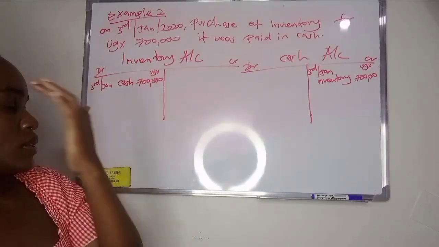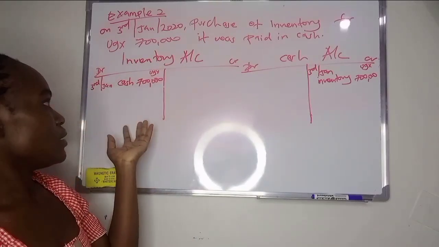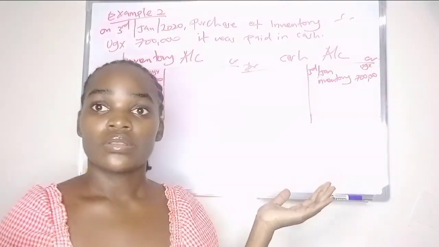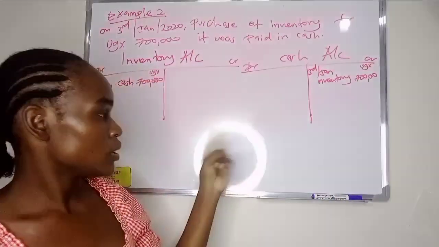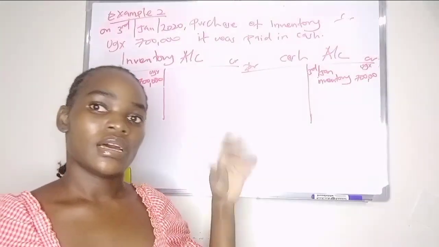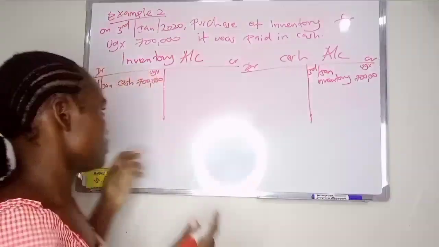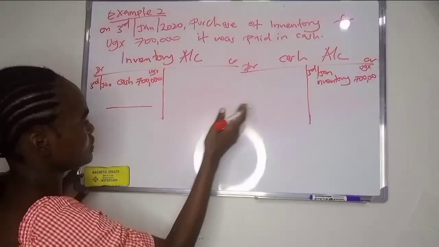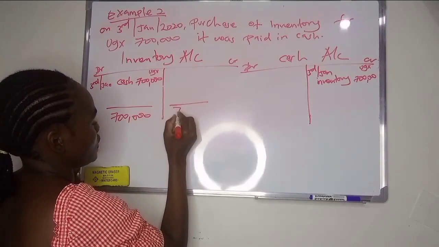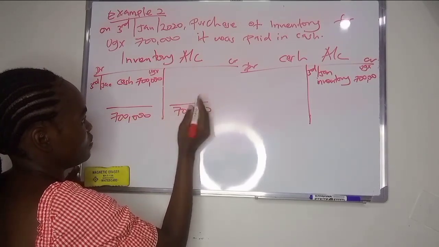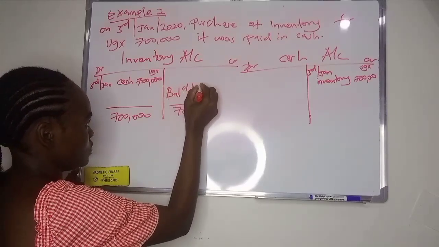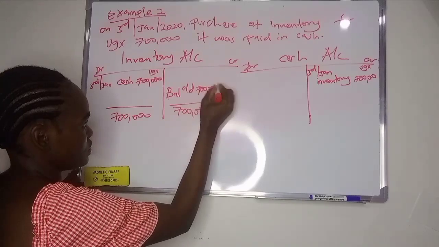Then how to balance it off. We said you get the bigger figure and you first put it on both sides. So this side has 700,000, this side has nothing. So 700,000 minus 0, the balance carried down will be 700,000.